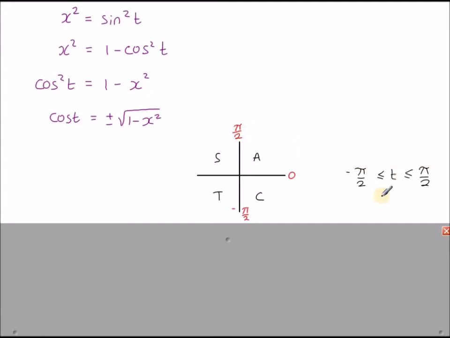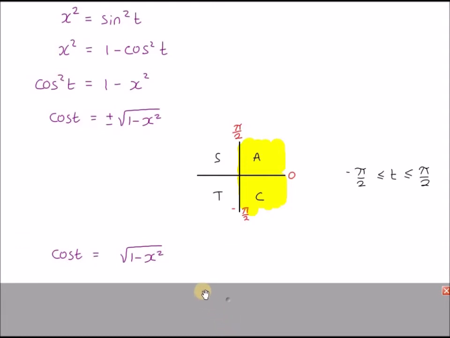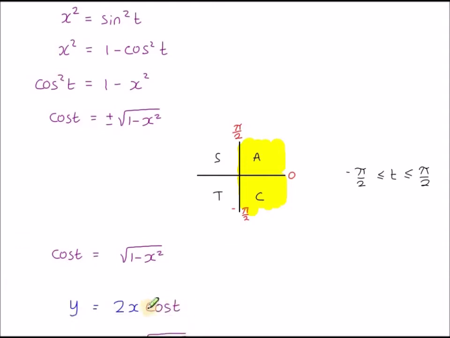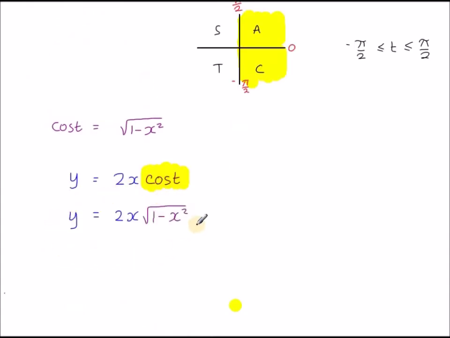An angle in this interval means it's in quadrant 1, 2, 3 or quadrant 4, and we can see that in quadrants 1 and 4 cosine always has a positive ratio. So cos of an angle is equal to the cosine ratio, and it has to be positive according to this diagram, so we need the positive solution, like so, which we then substitute into here, and we have the Cartesian form.